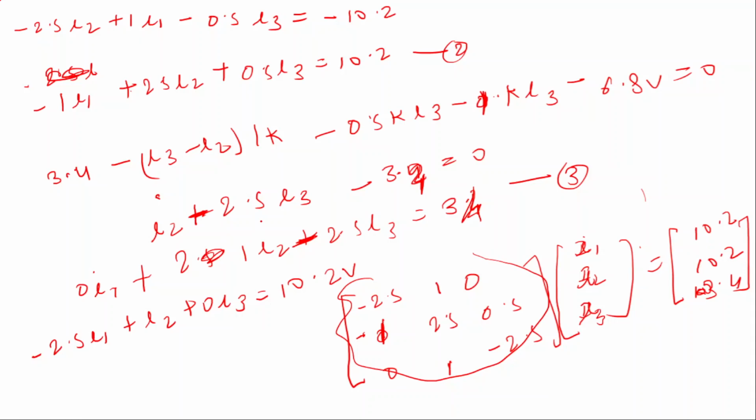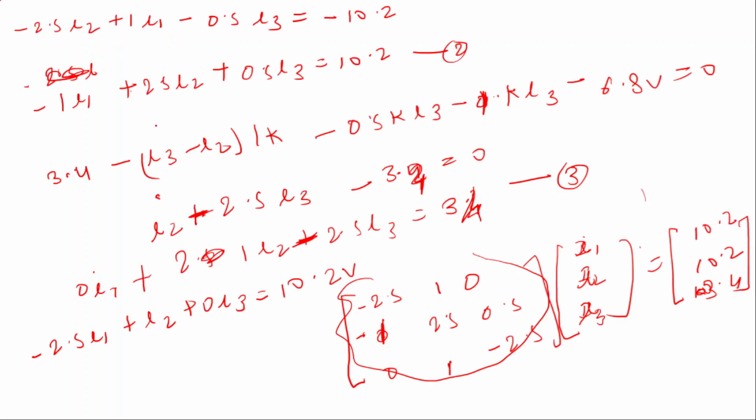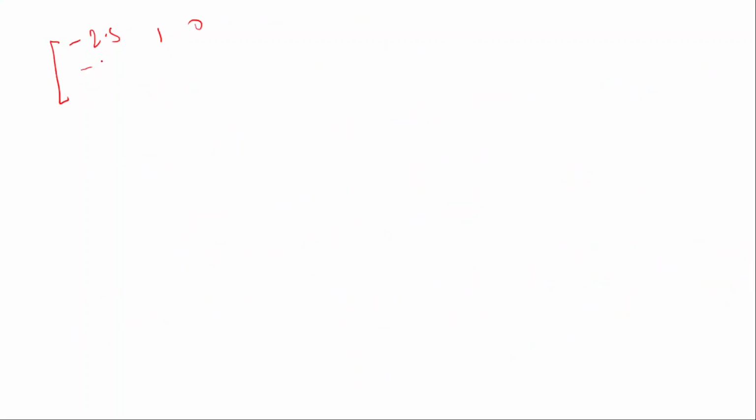So this matrix is minus 2.5, 1, 0; minus 1, 2.5, 0.5; and 0, 1, minus 2.5.